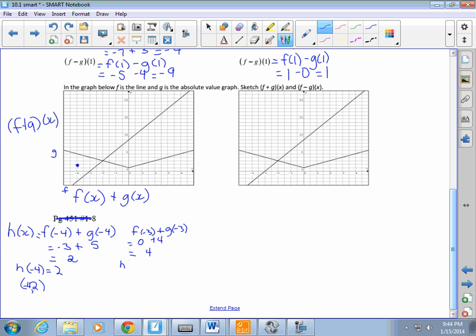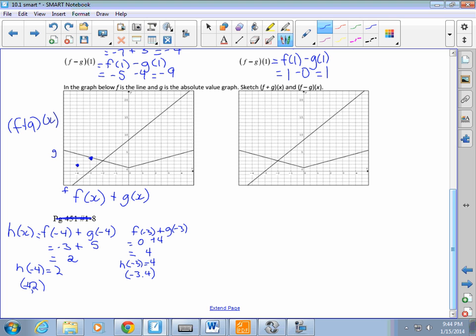That means that my h of negative 3 is equal to 4. So that coordinate is at negative 3 and 4. So negative 3 and 4 puts me here.